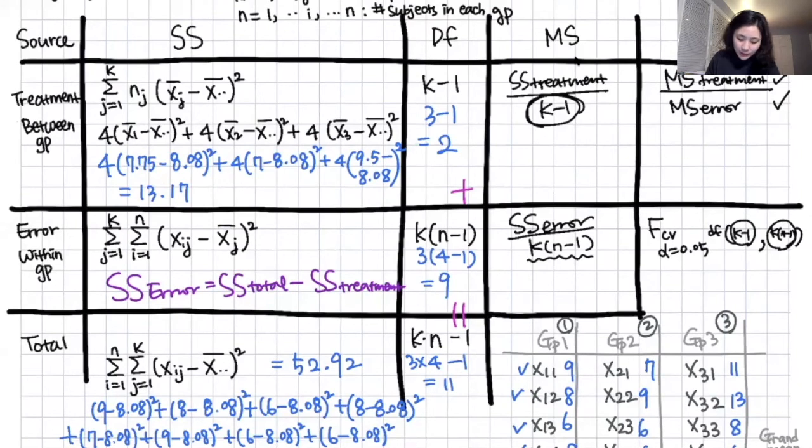The mean square of treatment is the sum of squares treatment, 13.17, divided by the degrees of freedom, 2, which is 6.58. And the sum of squares error is 52.92 minus 13.17, which is 39.75.